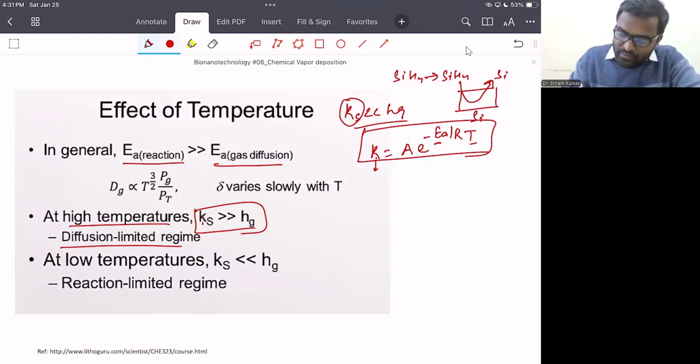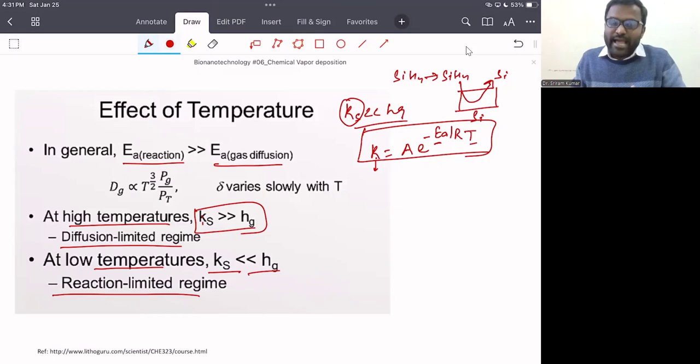Again, at very low temperature, the Ks surface reaction is much less than the diffusion of the species. In that case, we have reaction limited conditions. So at high temperature we have the diffusion control process, and at low temperature we have the kinetic control process or the reaction control process.